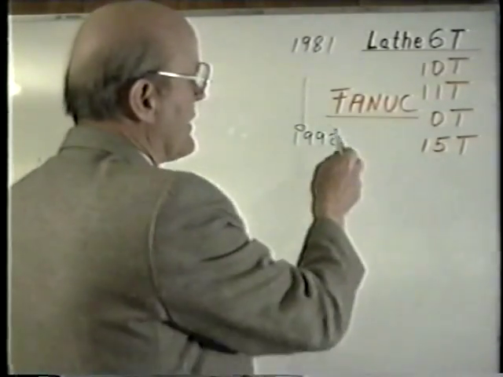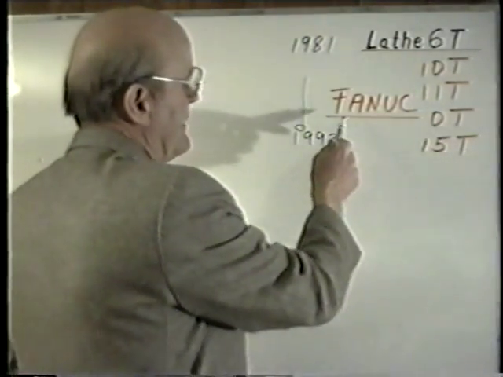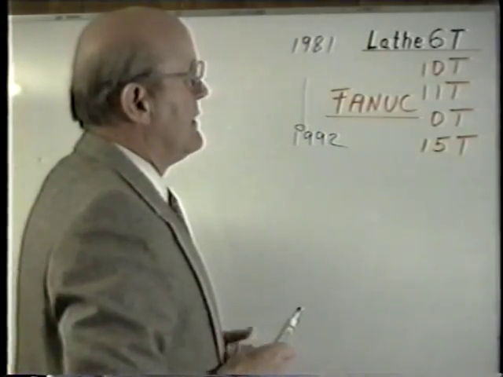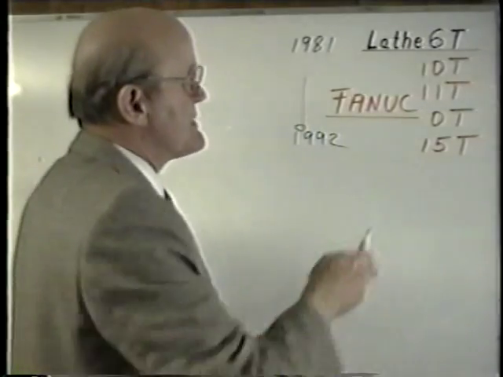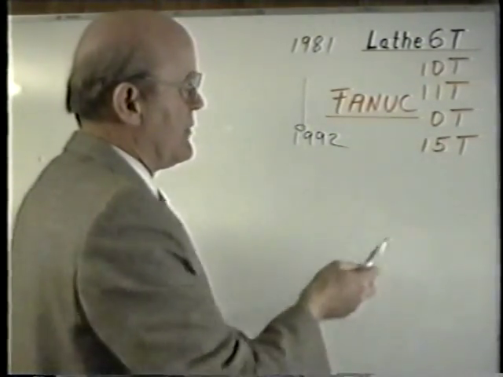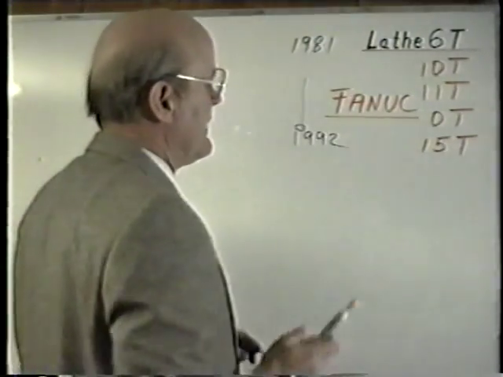And other controls follow the same programming system. Fanuc is very, very strong in this control market. The 6T and the 6M. The 6M would be the milling machine, also runs all the way through today. So there would be a 15T and a 0T and also an M for both of these.